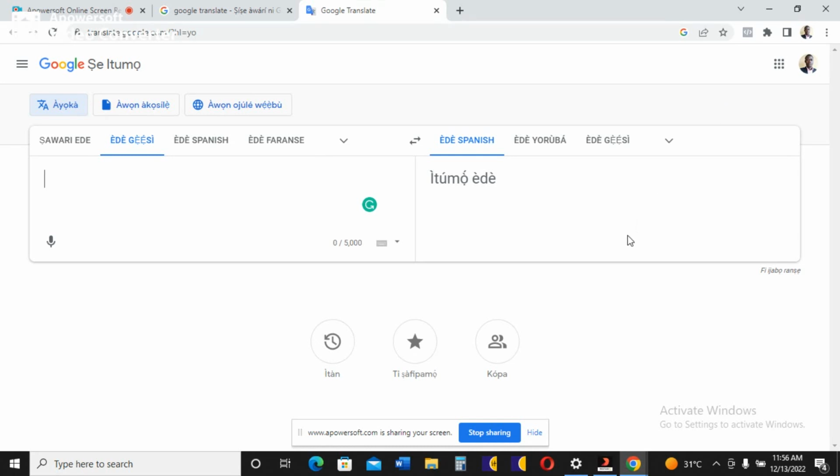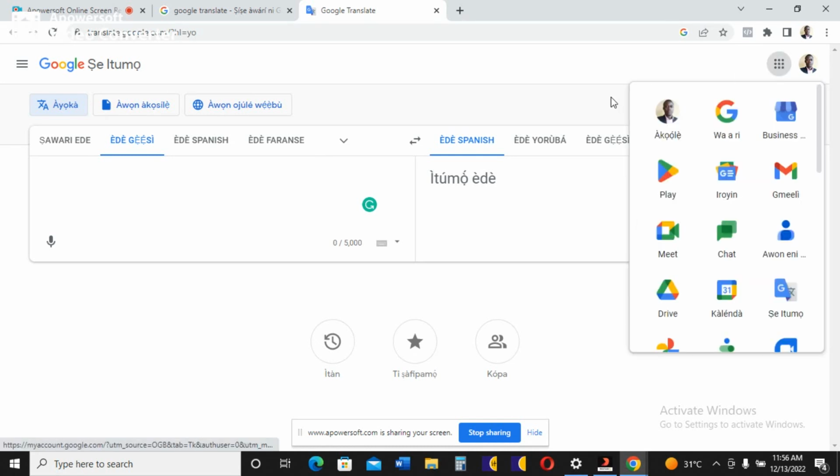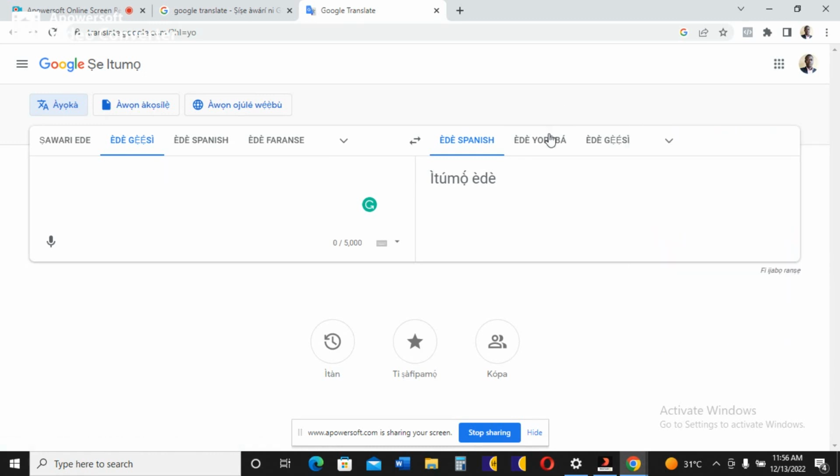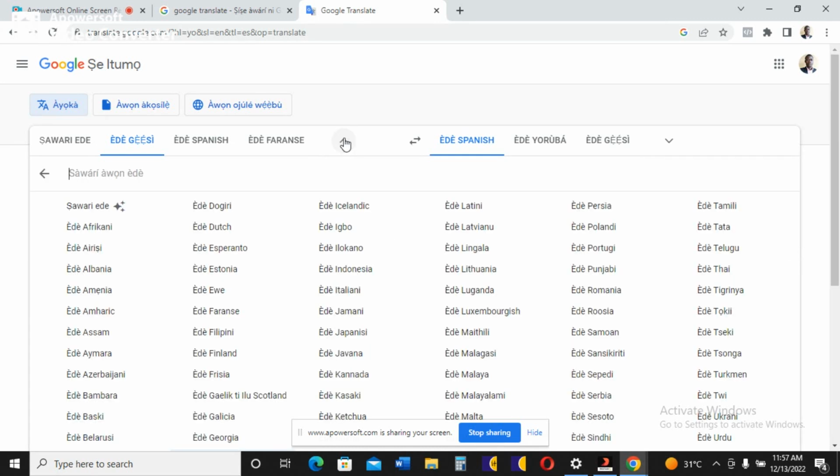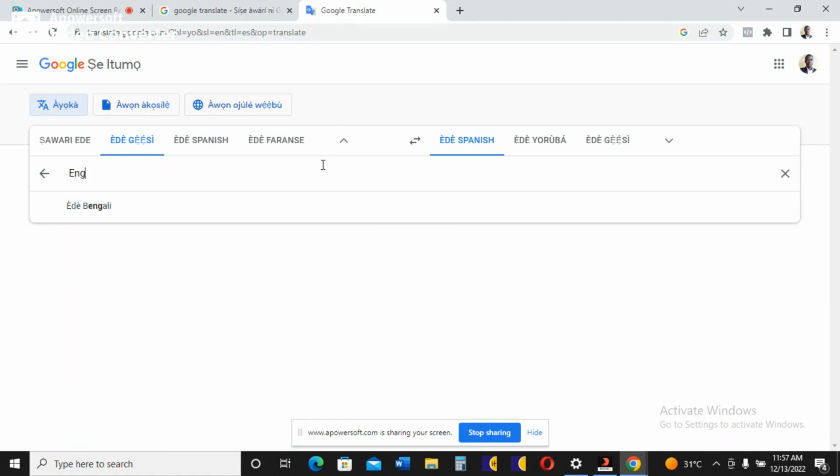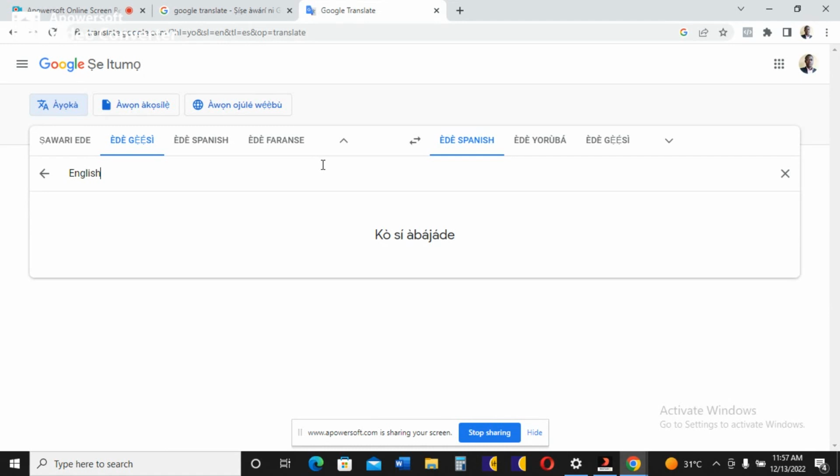This is where we are going to be doing the magic. We are going to be translating from, let me change the language to English.